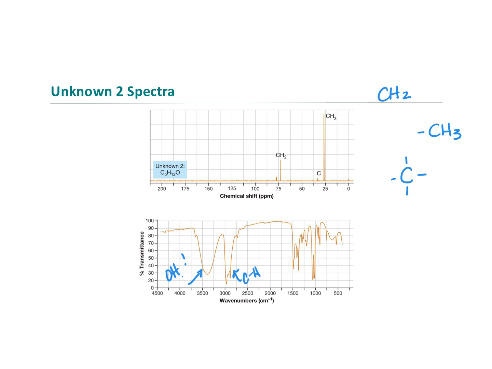Now, this CH2 here is quite downfield, so it's more than likely that that's going to be the one that's attached to the alcohol group, right? Because it's so far downfield. That carbon, my guess, is going to be in the middle, right? And then this one's going to be the farthest away from the alcohol.